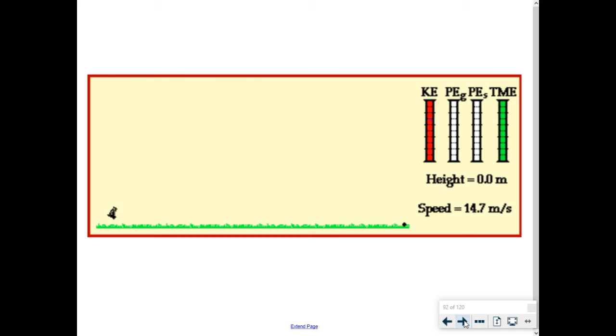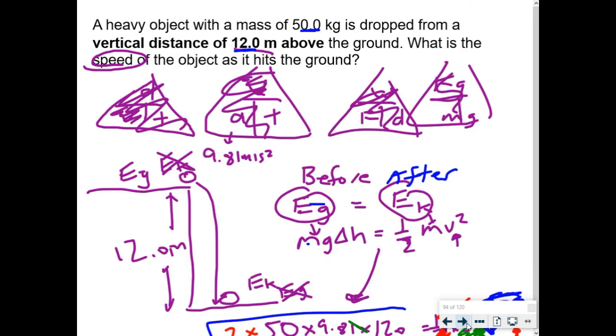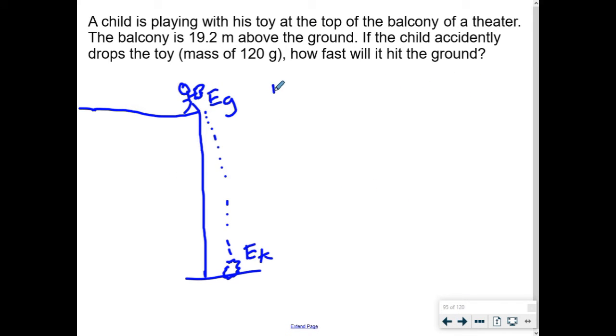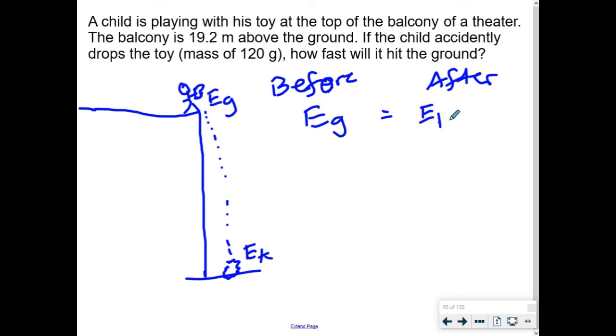So let's build ourselves that formula again. We'll do that step. Sometimes it helps to think of a before and after energy. What energy did it have before? Potential. What energy did it have afterwards? Kinetic. Okay.